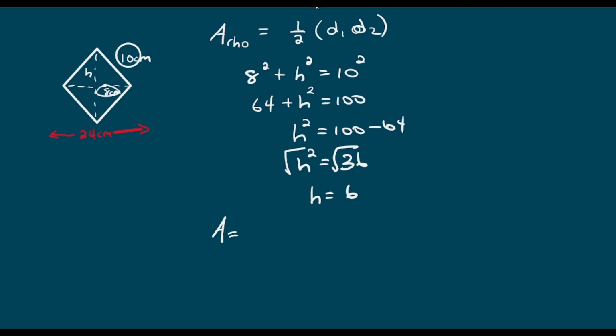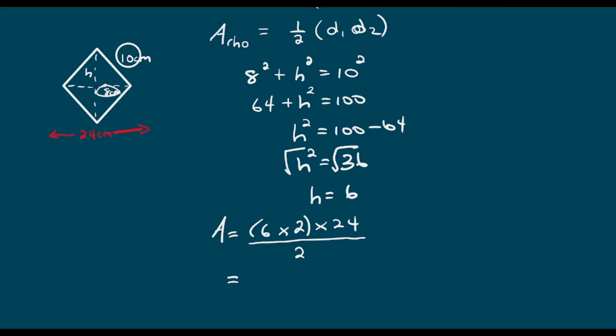So the area is equal to 6 times 2 times 24. Now 6 times 2 would be the length of our first diagonal, and we'll divide this by 2.